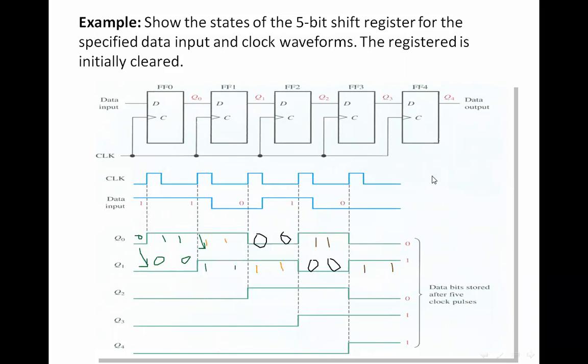Are you all able to follow as to what I have written? Yes, sir. Okay. So data gets passed from one point to another point only after the clock pulse. That's an important concept which you all have to remember.